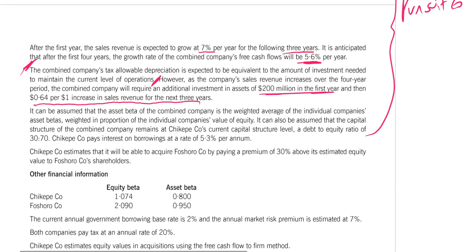It can be assumed that the asset beta of the combined company is the weighted average of the individual company asset betas, weighted in the proportion of the individual company equity values. It can also be assumed that the capital structure of the combined company remains at the parent company's current capital structure, that is 30/70, and KD before tax will be 5.3%.